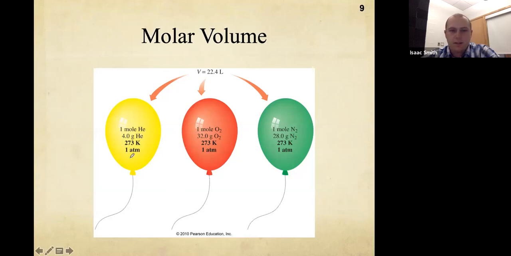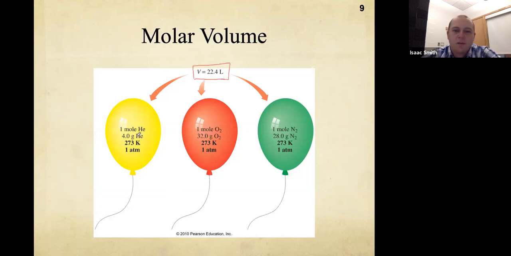And occupies 22.4 liters. Well, 1 mole of oxygen actually weighs 32 grams, so the balloon itself would be a lot heavier, but the volume is the same.